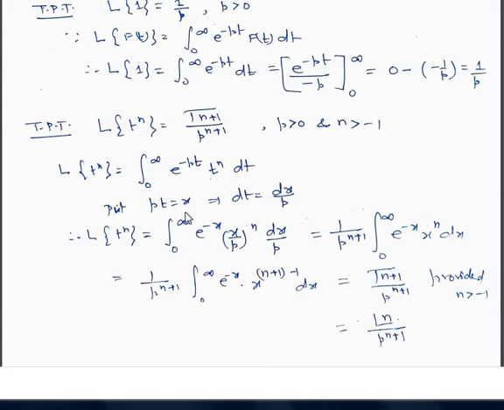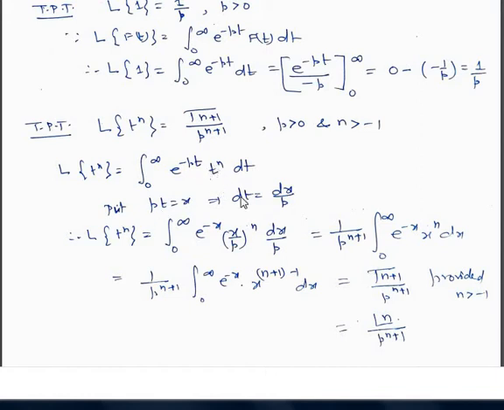Now put p into t is equal to x. If we differentiate it with respect to x, so what do we get? p into dt by dx is equal to 1, so dt is equal to dx upon p. So substitute this here. So L of t to the power n is integral 0 to infinity, because limits for x will again be from 0 to infinity, e raised to the power minus x.